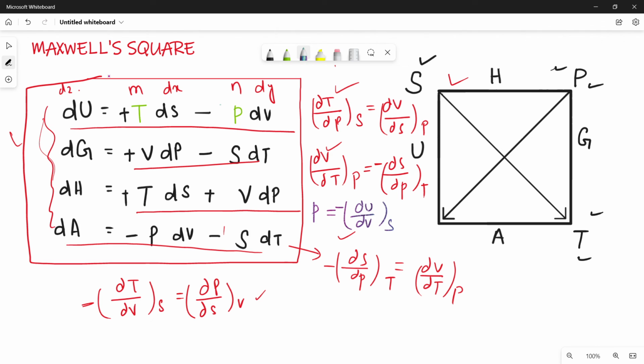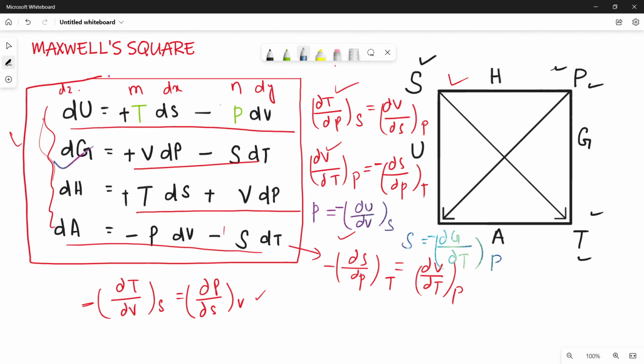Likewise we can find out S also. How? That's how we write del G. I'm using this equation, del G by del T at constant P, negative sign.